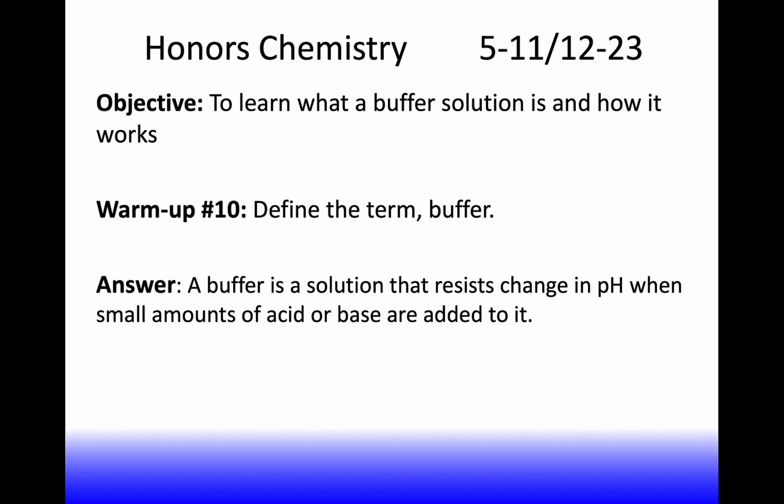By the way, our blood is very tightly buffered at pH 7.4. All of you probably have a blood pH between 7.38 and 7.42. It does not change if you suck on 2 lemons or do something a little crazy. Your body is really good at resisting pH change.